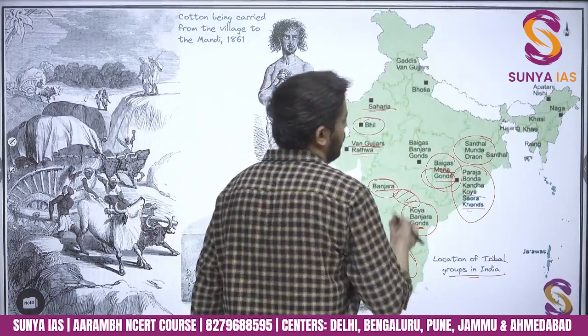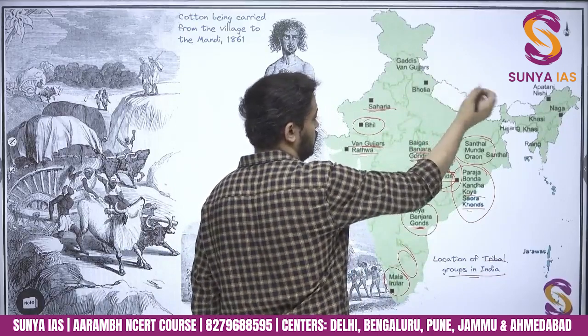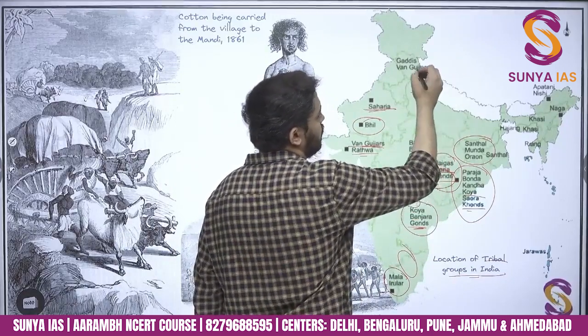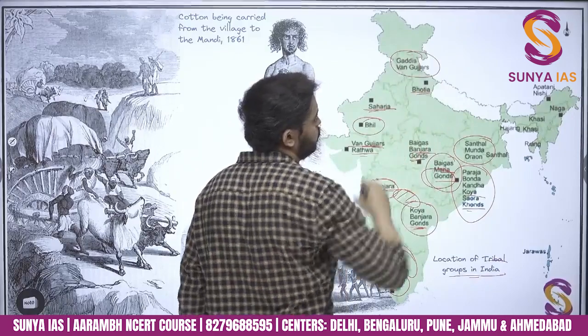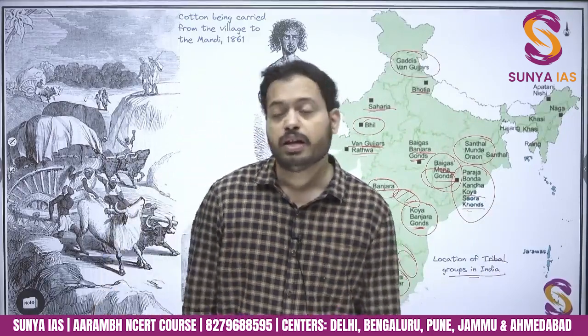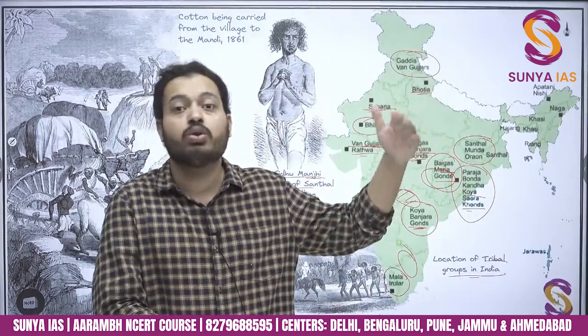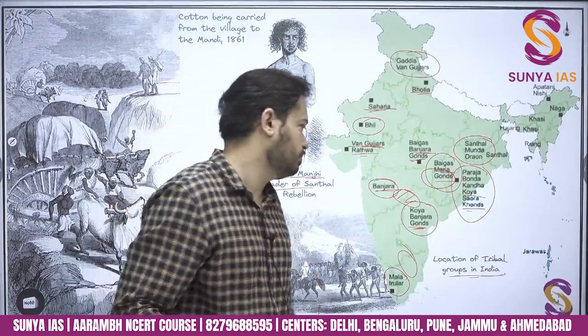In Madhya Pradesh, there are Banjaras again, and Gonds. In Uttarakhand, there are Bhutias. In Himachal Pradesh, Gaddis and Van Gujars are there, and in the Northeast, more than 90% of the population in the northeastern states are tribals. Most of them are considered to be the original or oldest inhabitants of this subcontinent. So keep that in mind.